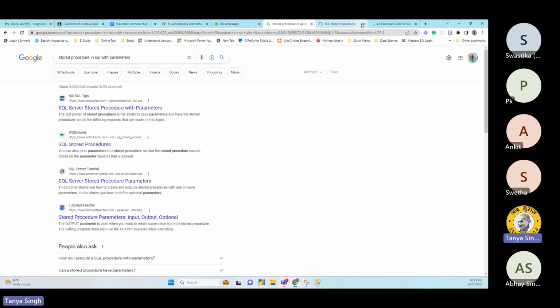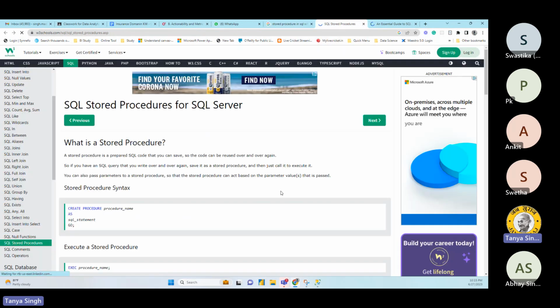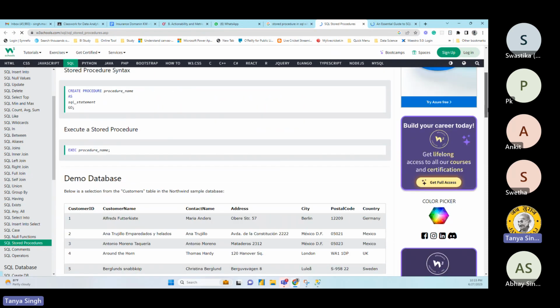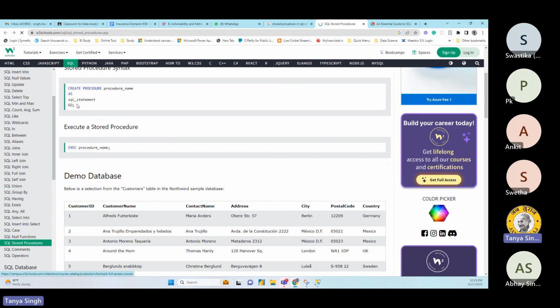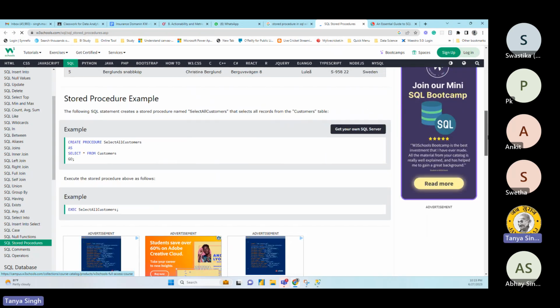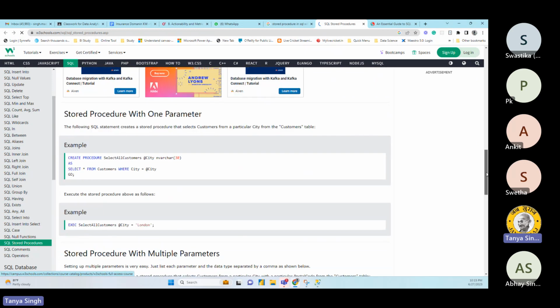A lot of stored procedures are needed if you're working as a T-SQL developer or programmer, where you need to write more complex stored procedures. But as an analyst, we usually consume the data, so we do not need to. So it's create procedure, then the SQL statement, and then execute the procedure name, and it will execute the procedure, with the parameter.